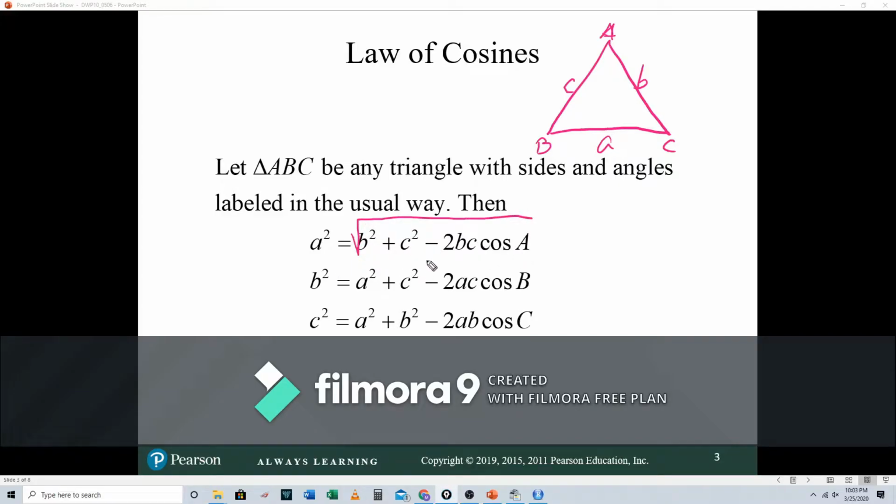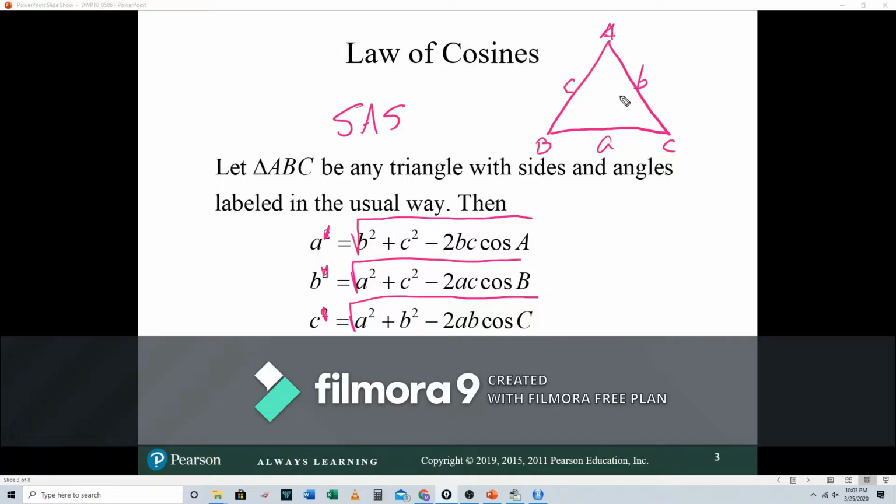If you're finding a, you're given b, c, and angle A. Just plug this in a calculator and put the square root symbol. So again, b is equal to the square root of this, and c is equal to the square root of that. Now, this is for the side angle side rules, where you're finding a missing side, a, b, or c.